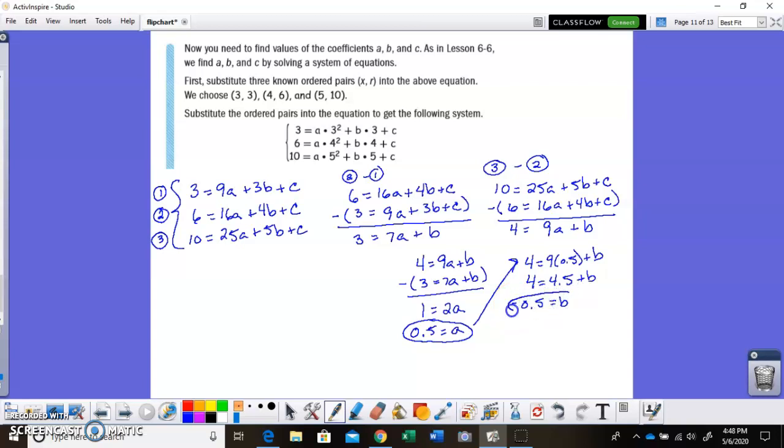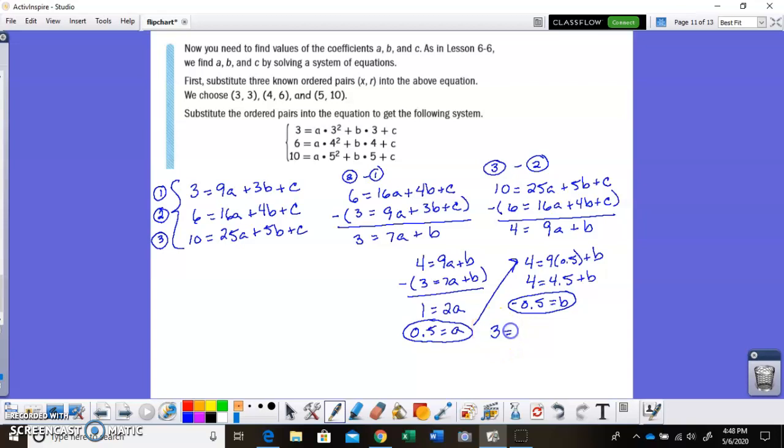So that quickly, I've got an a value, a b value, and now all I have left is the c value. So I can use any of my original 3 equations, substitute in an a, substitute in the b, and find out what c is. I'm going to use this top one just because it has the smallest of all the numbers.